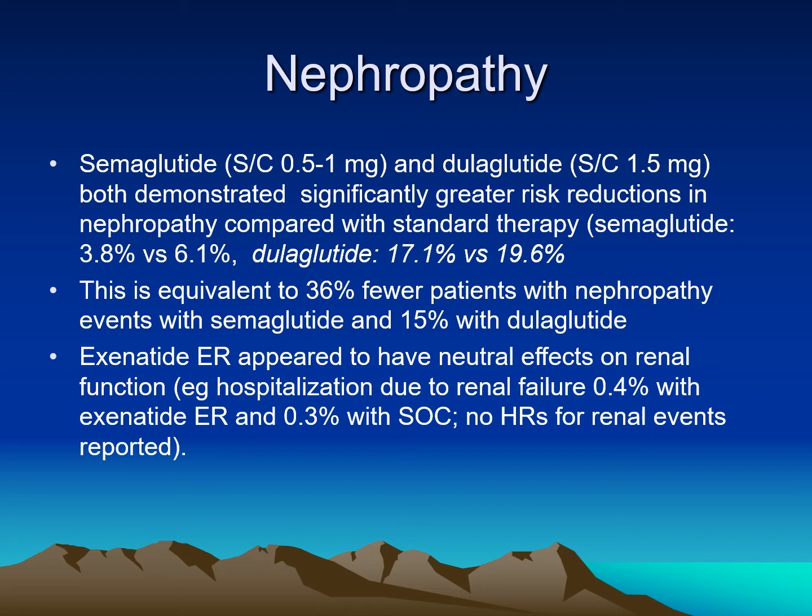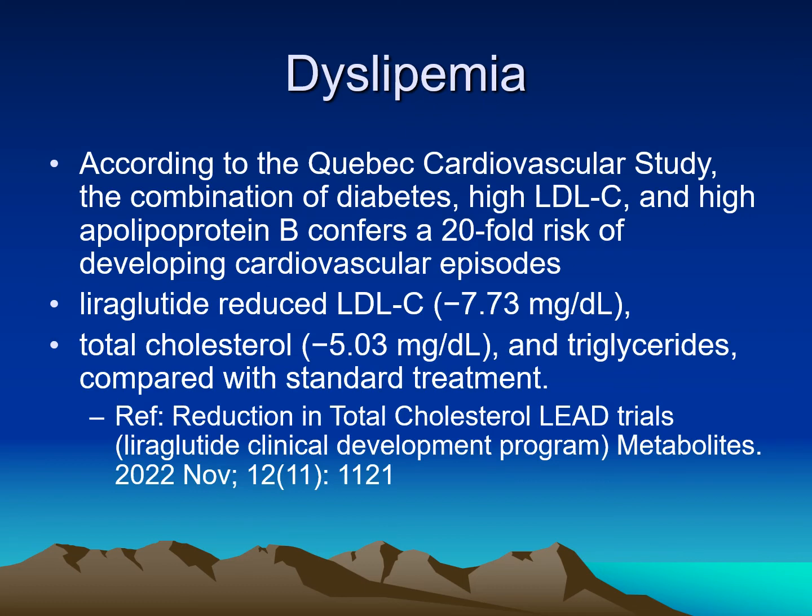Exenatide ER did not have much effect as compared to the placebo. Therefore, newer GLP-1 and dual agonists have better nephro effects.